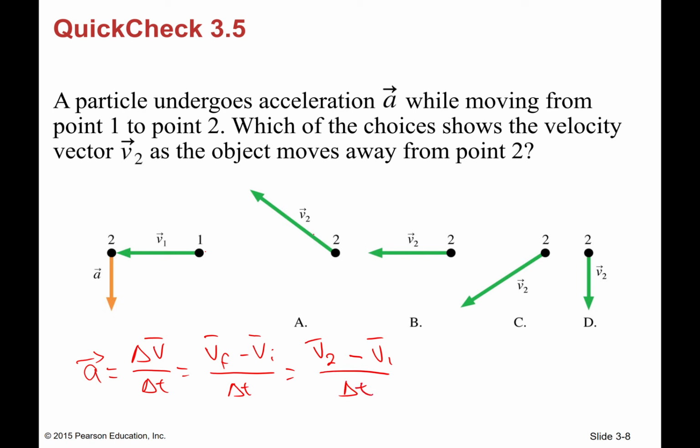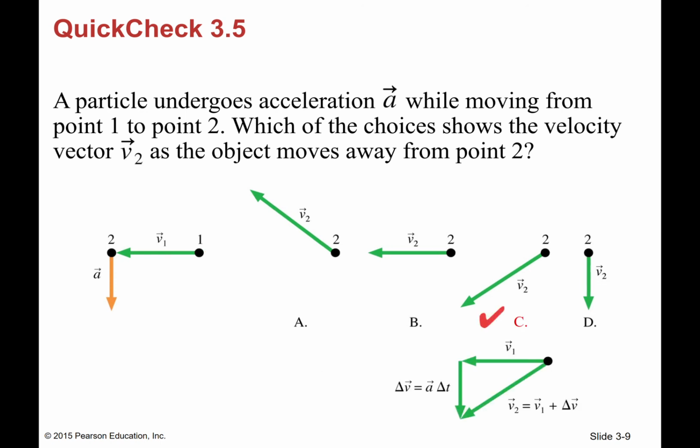So that is the acceleration. Which vector would you need to get this acceleration vector? That is the question that we need to answer. So the answer would be 2.